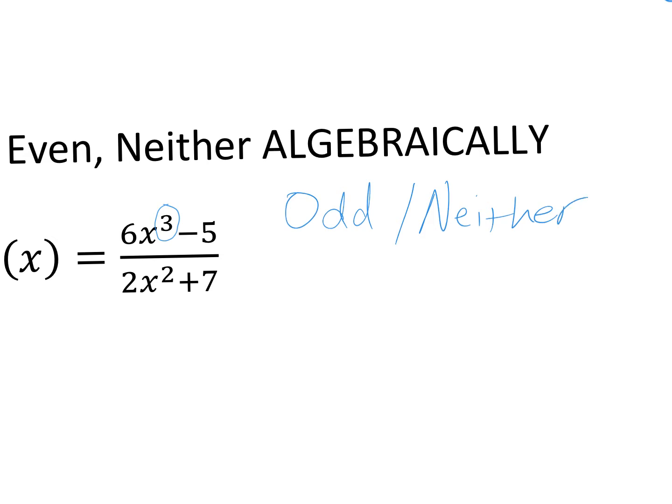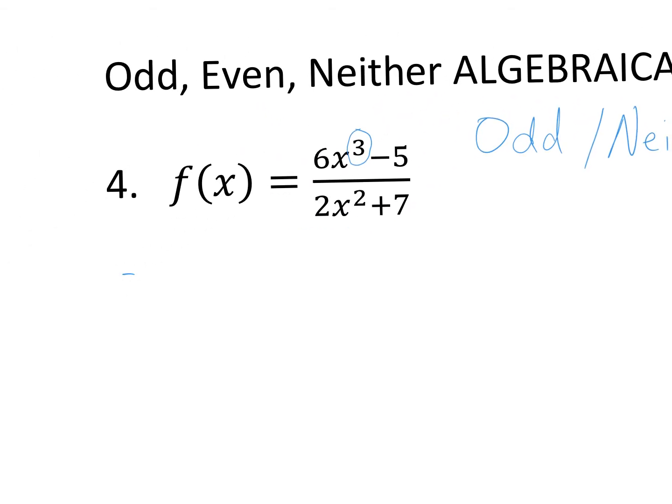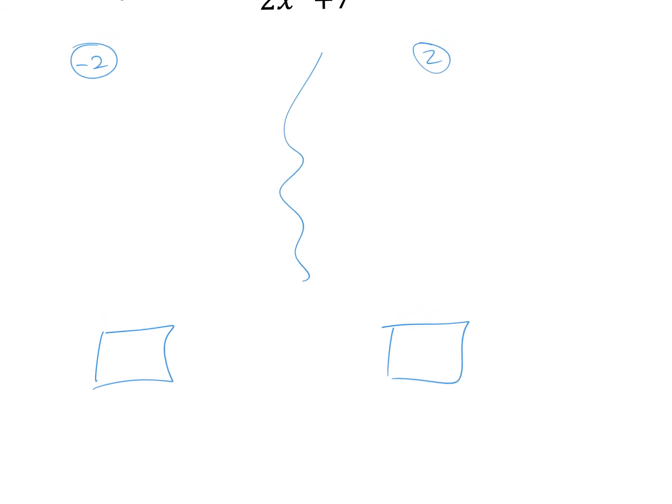Odd or neither. Plug in any number you want bigger than 1, and it's exact opposite. I'm going to use 2 and -2. So I'm going to plug in -2, and I'm going to plug in +2, and I'm going to compare the answers. If I think this function is odd, what are the answers going to be of each other?